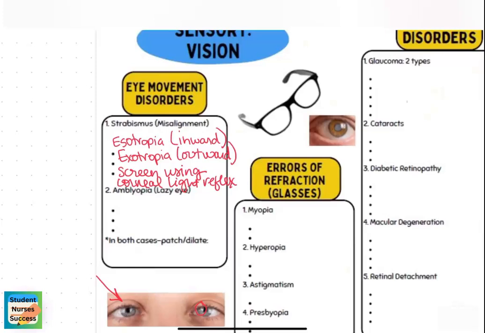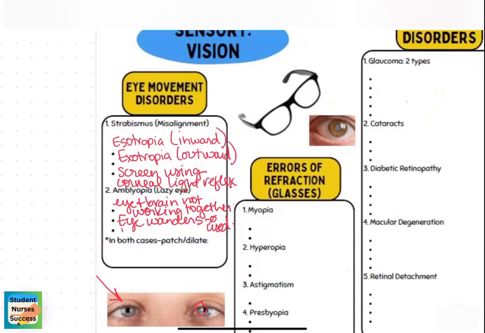The second problem is amblyopia, which is often called lazy eye. This is where the eye and the brain are not working together. You actually have one eye that wanders around to the side, and it wanders when it's not used.